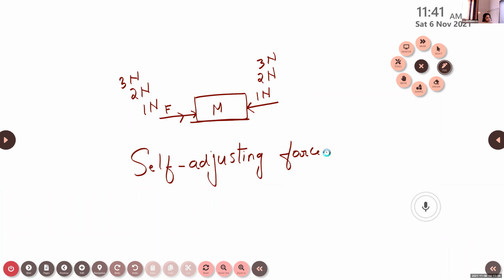Students, what happens if the self-adjusting force reaches a maximum value? For example, if we apply a force of 10 Newton from the forward direction, static friction again tries to exert the same magnitude of force, that is 10 Newton, from the opposite direction.